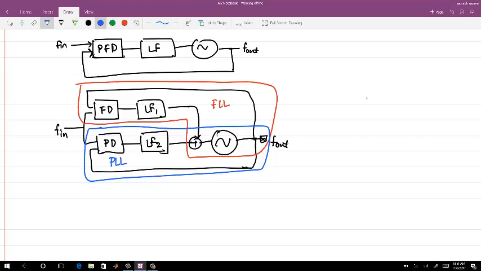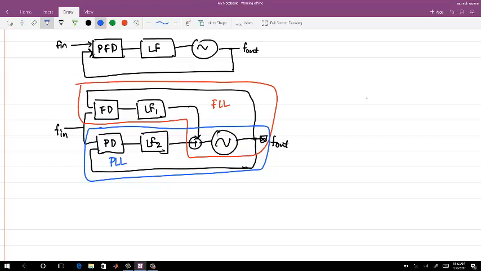So the way we went was we basically detected the phase. We said there is no frequency error. We detected the phase error, but we find all the phase error detectors cannot be used if you are having a frequency error. So we found one phase error detector which can detect the frequency also. That is the PFD which we use, the 3-state PFD. But I can still split the loop into two.